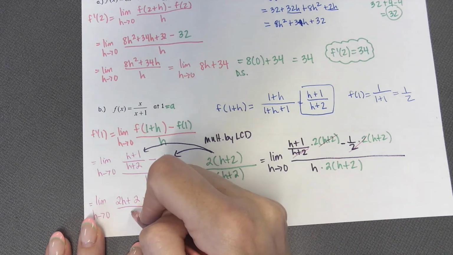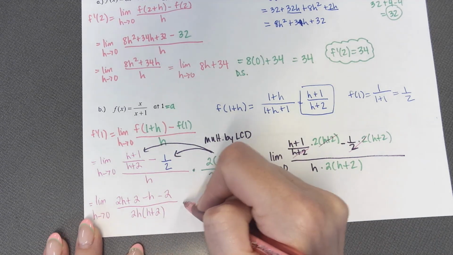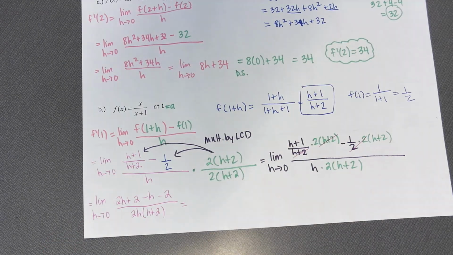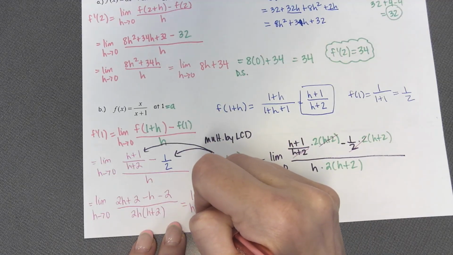Okay, and then this on the bottom is 2h times h plus 2. Okay, go ahead and write out the next step. Really, you should be able to write out the next couple steps. And then make sure you are not skipping anything.